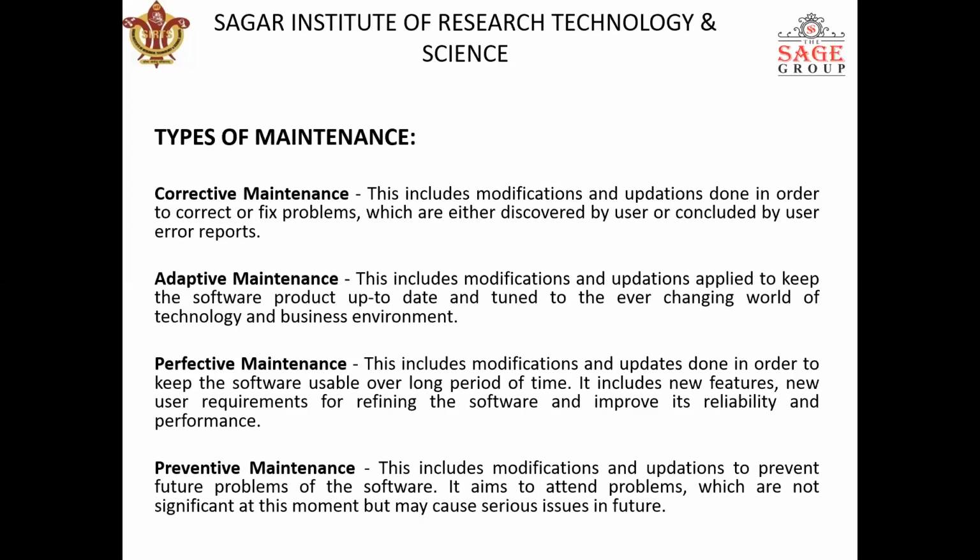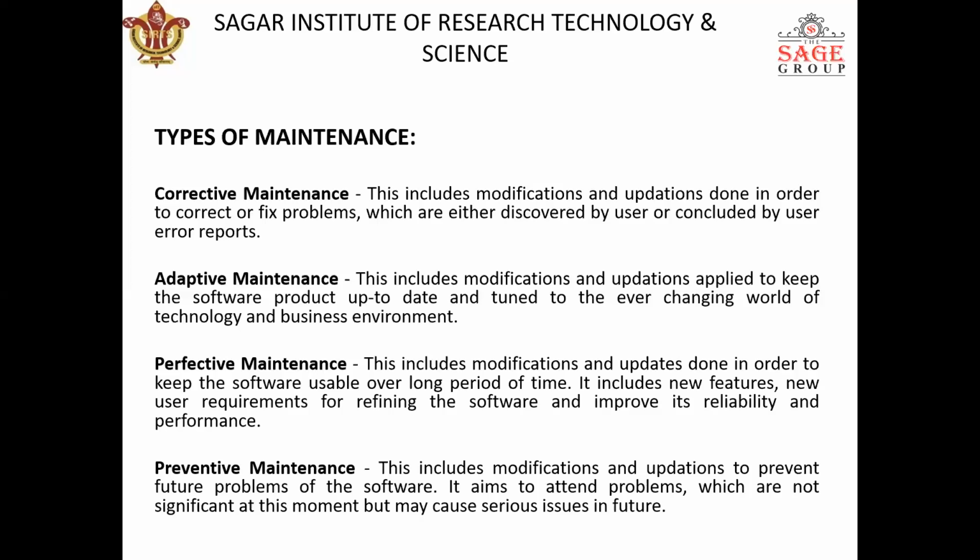It includes new features, new user requirements for refining the software and improving its reliability and performance. Means perfective maintenance is basically related with the reliability and the performance of that particular software, that over a period of time we need to keep the software up to date. That's why we need perfective maintenance.